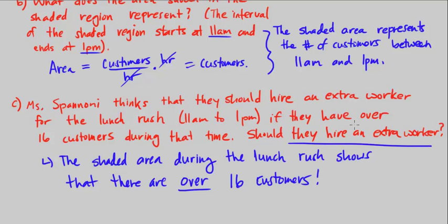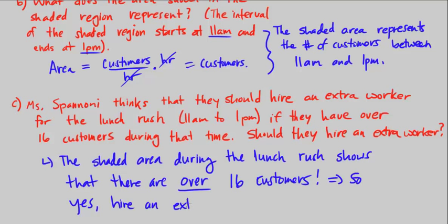So should they hire an extra worker? They said if they have over 16 customers, then they should. So yes, hire an extra employee. Get the jobs back into the people's hands. So hire an extra employee because, yes, you have over 16 customers. That's what the data shows, right?